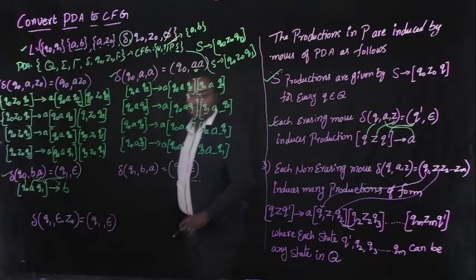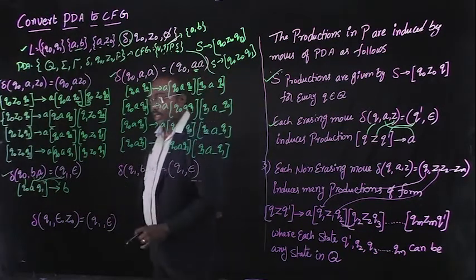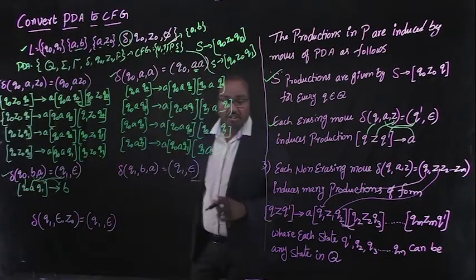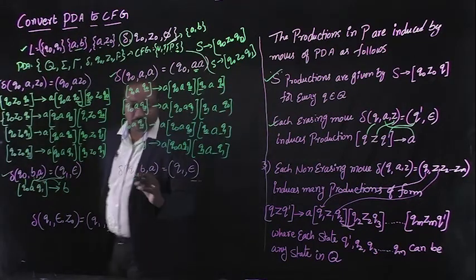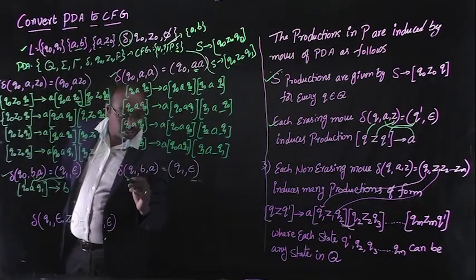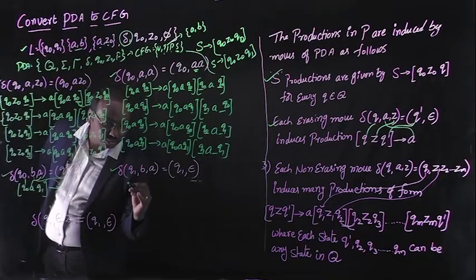Okay, so here we can write the production rules for this transition function, and there is one more transition function. Then how do we write the production rules for it?